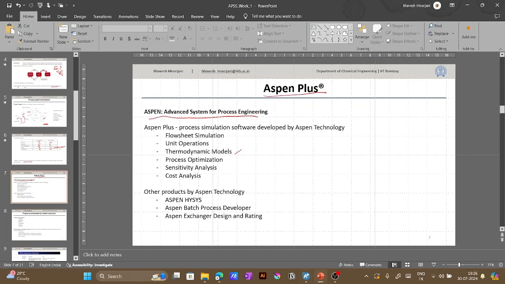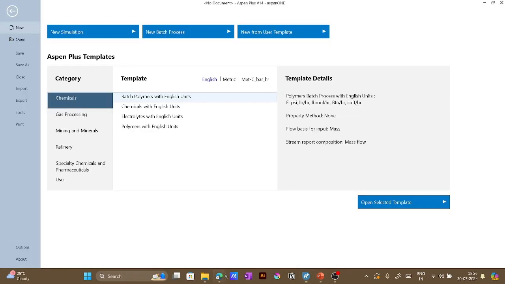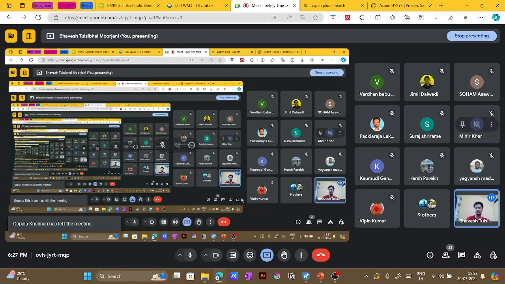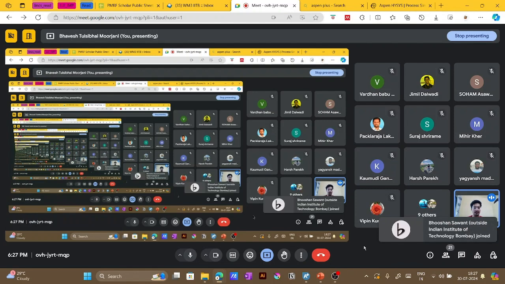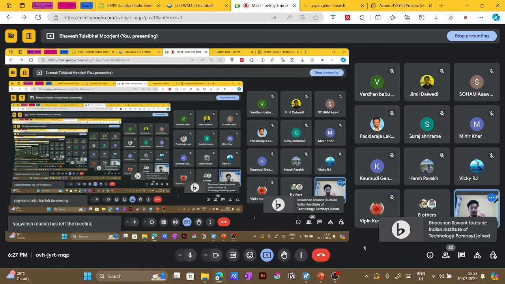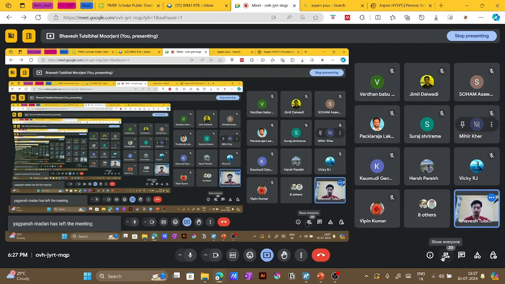How many of you have downloaded or installed Aspen Plus? I received the mail from the NPTEL team today, so I'm assuming most of you have not gotten access to Aspen Plus yet, right? Can you raise your hand if you have installed it?